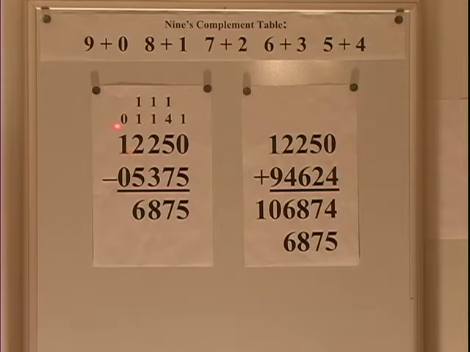From 12,250, I'm going to subtract 5,375. I'm going to use the textbook algorithm first, and then we're going to do it by the 9's complement procedure, and then we can compare the two procedures.